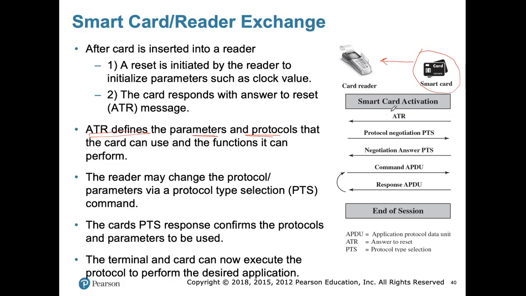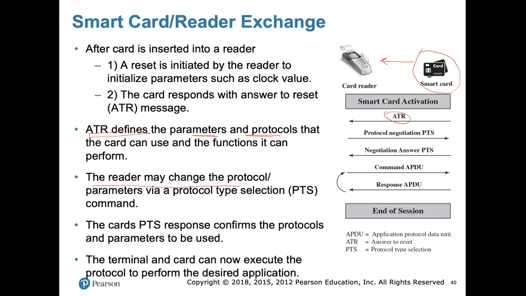All of that information goes to the ATR message, and after the ATR message is received by the card reader, now the card reader knows the smart card better. There might be some flexibility from the smart card. If that's the case, the card reader now may change the protocol and may ask for some changes.